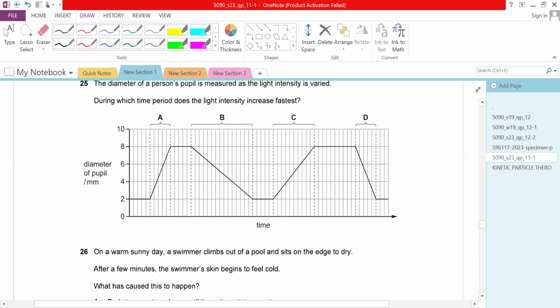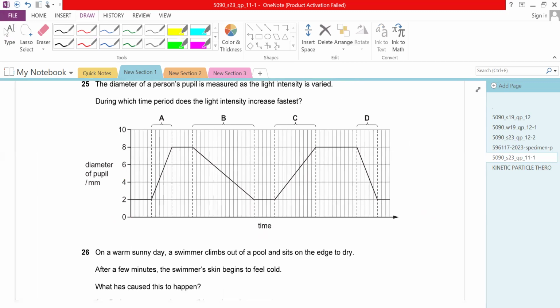Question number 25. The diameter of a person's pupil is measured as the light intensity is varied. During which time period does the light intensity increase fastest? As the light intensity increases, the size of the pupil decreases.